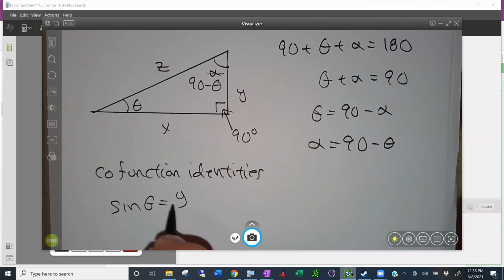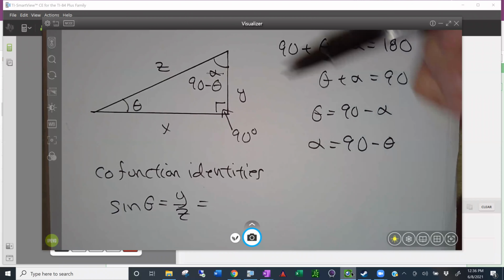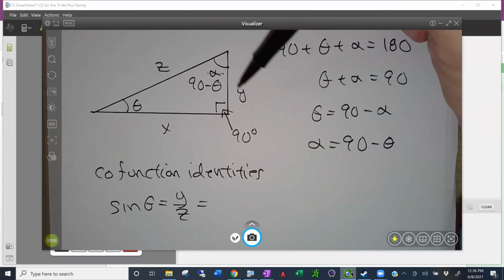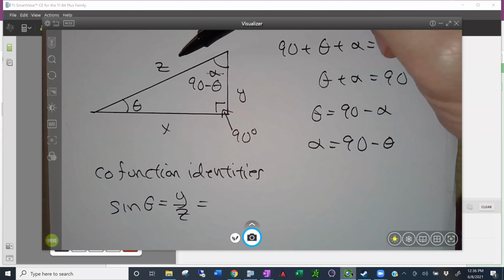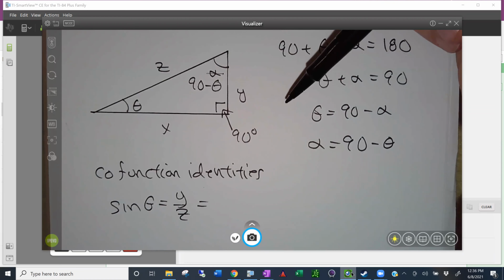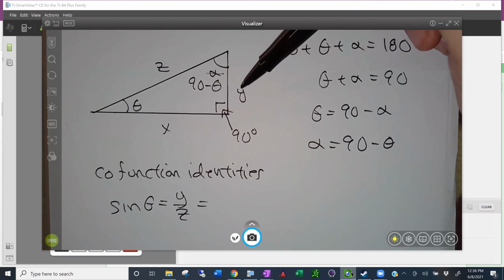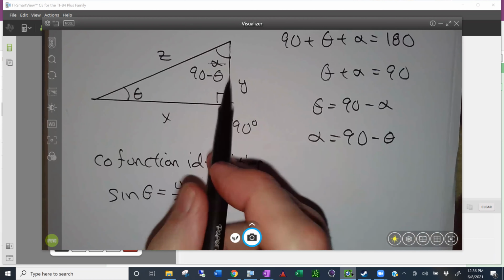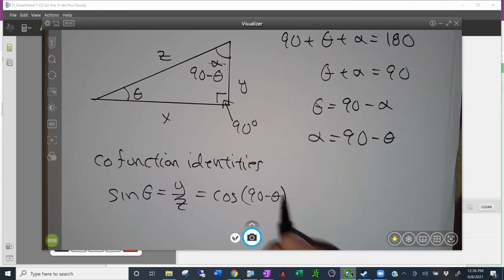So y over z. But if I'm looking at this other angle, this would be the adjacent side, and that would be the hypotenuse. Which trig function involves the adjacent and the hypotenuse? Cosine. So that'd be the cosine of 90 minus theta.